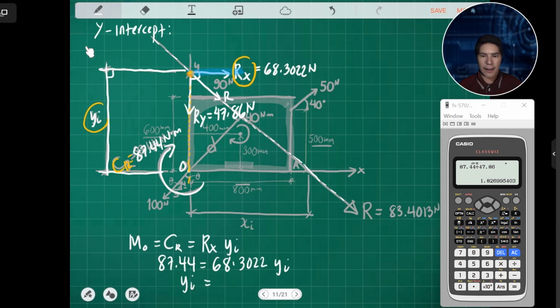So the y-intercept is just, palitan ko lang to ng 68.3022. So the answer is 1.2802 meters. Okay, so ganun lang, no?